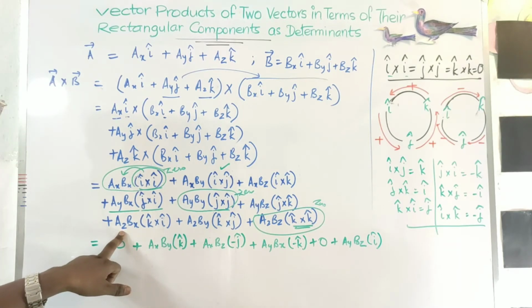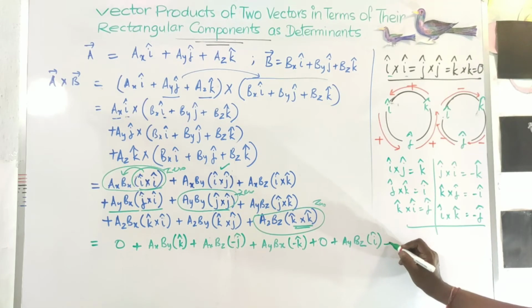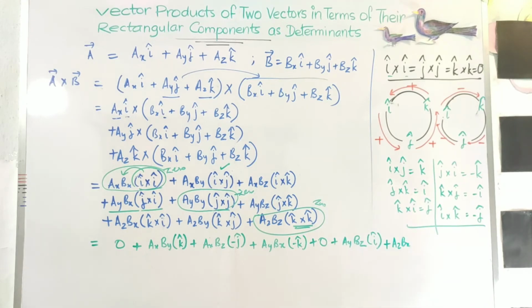Plus az bx, I'll write here in a straight line, az bx, k cross i. Let's take k cross i. Yes, k cross i means I am traveling anti-clockwise, so it is j here.